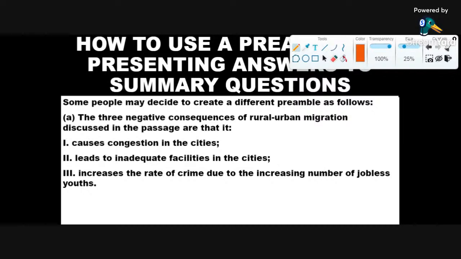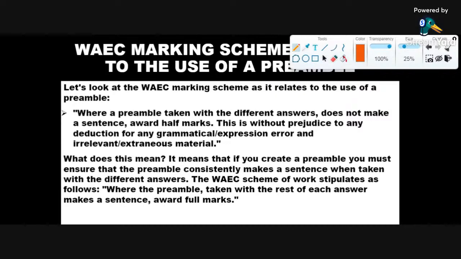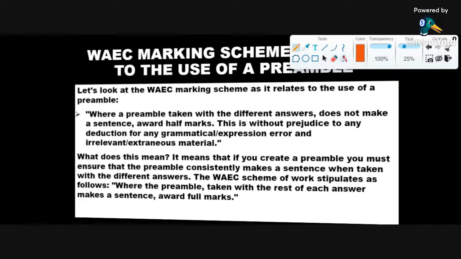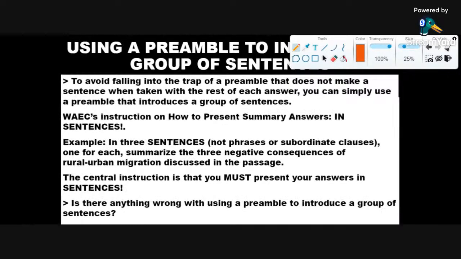So, having said that, let's now look at using a preamble to introduce a group of sentences. To avoid falling into the trap of a preamble that does not make a sentence when taken with the rest of each answer, you can simply use a preamble that introduces a group of sentences.